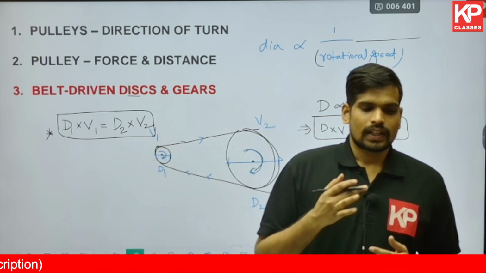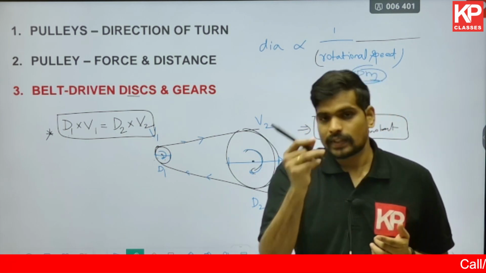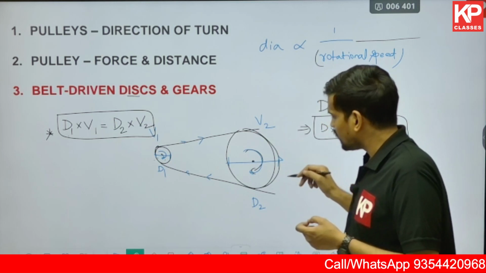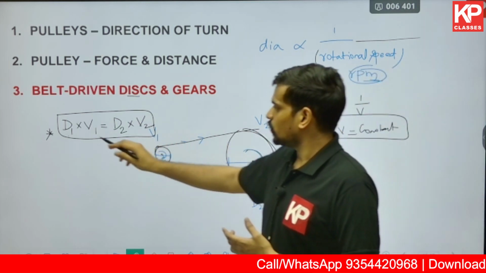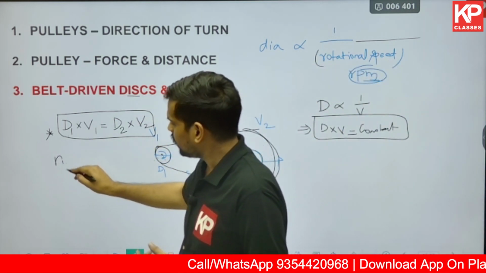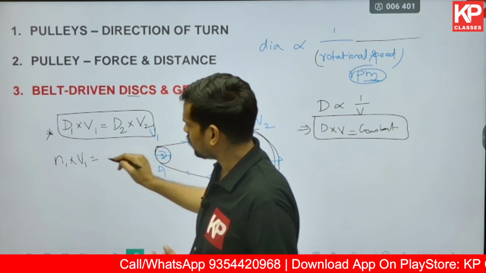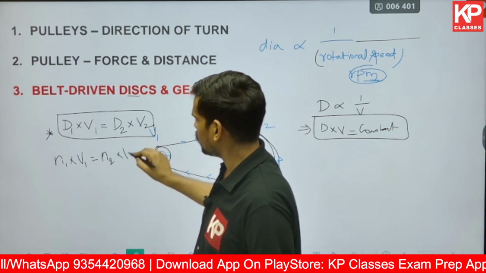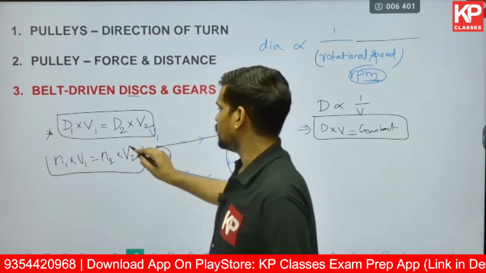If diameter is not given, you will be using the concept of number of teeth. The number of teeth in a smaller disc will be less, the number of teeth in the larger disc will be higher. So you can also have number of teeth in the first gear into rotational velocity of the first gear will be equal to number of teeth in the second gear into the rotational velocity of the second gear.